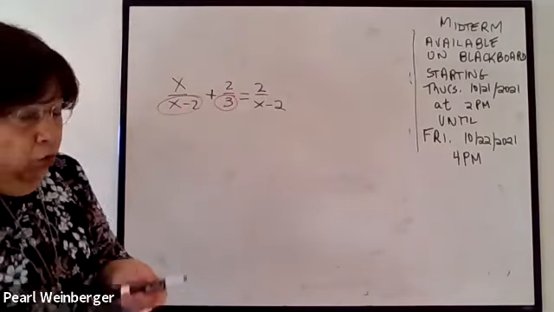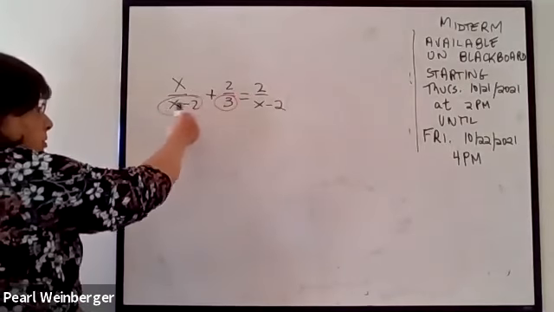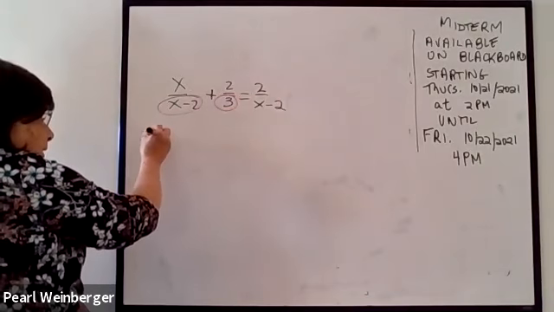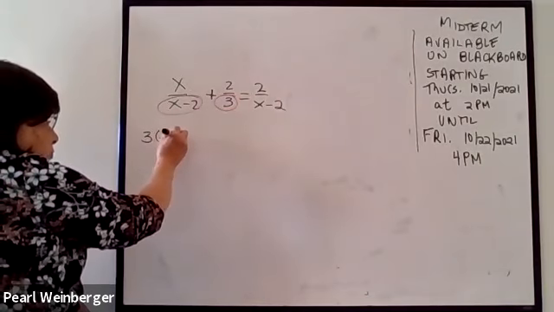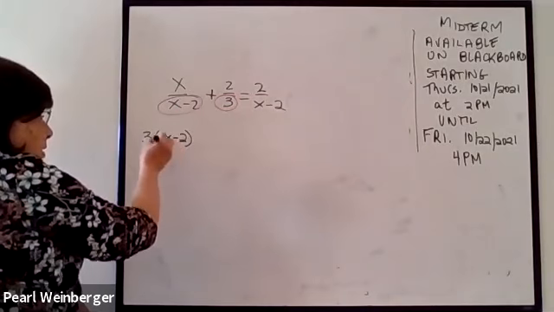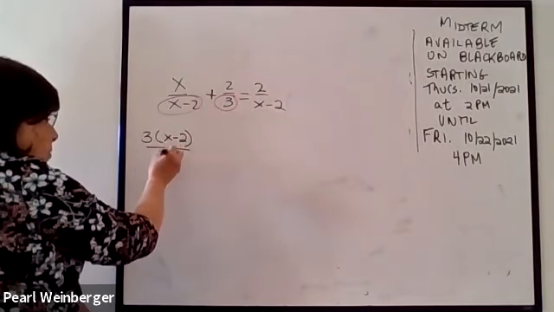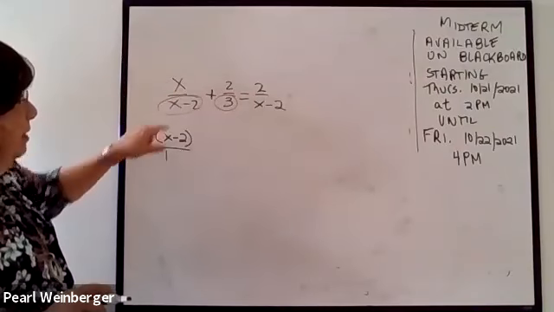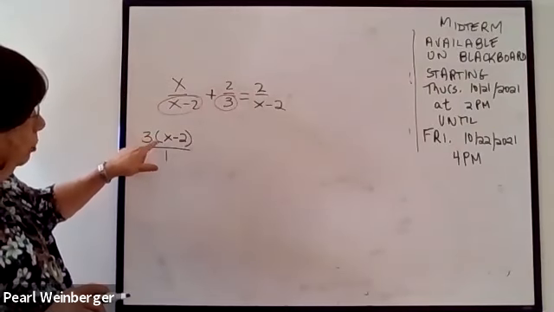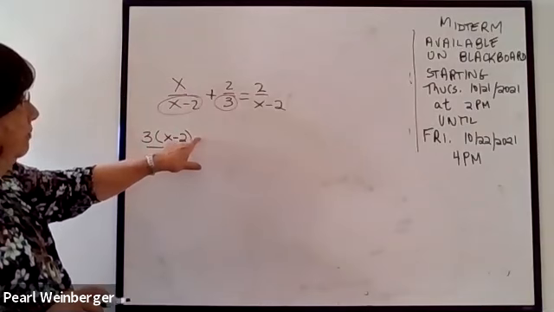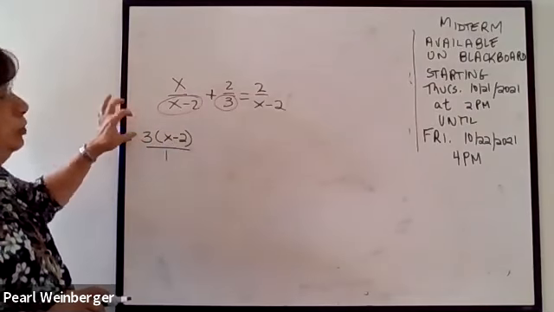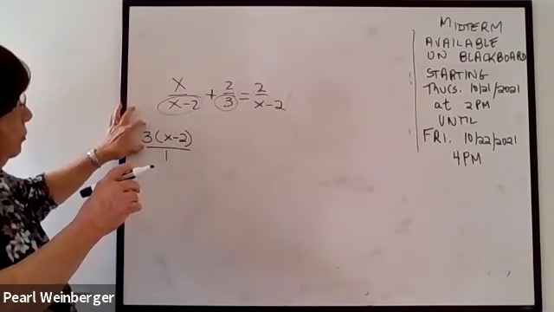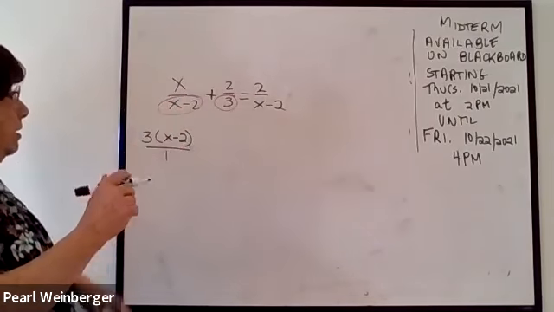Now I take all the circled denominators, which is the 3 and the x minus 2, and put it over 1. My common denominator is 3 times x minus 2. You could have put x minus 2 and then the 3 afterwards, but somehow it just looks more familiar when we put the monomial first and the binomial second.